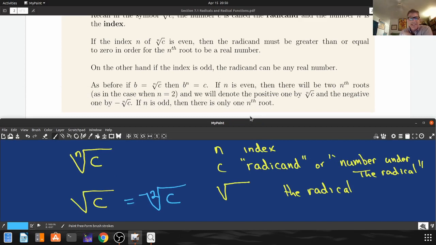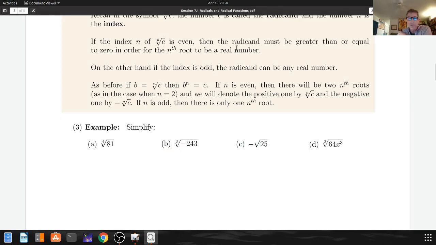If the index n of the nth root of c is even, so we're talking about square roots, fourth roots, eighth roots, sixth roots, 100th roots, then the number under the radical must be greater than or equal to 0 in order for the nth root to be a real number. And right now, that's all we have in our game is real numbers.